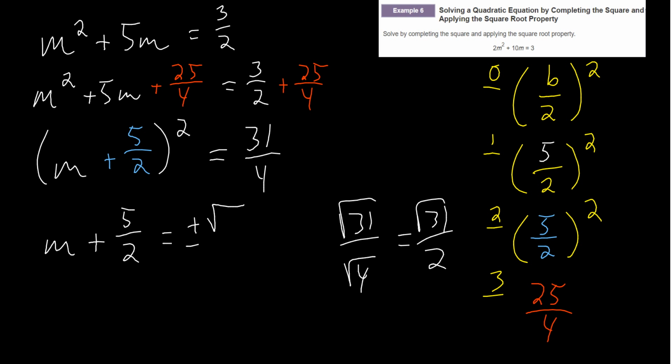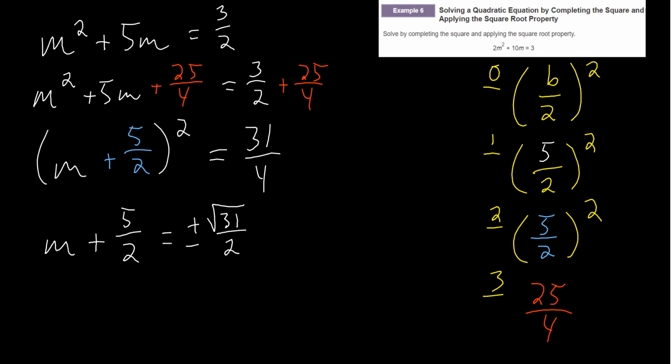Square root of 31 over 2. Okay. And then we can add 5 halves to both sides. So we're going to end up with m is equal to 5 halves plus or minus the square root of 31 over 2. All right, and well, that's it.